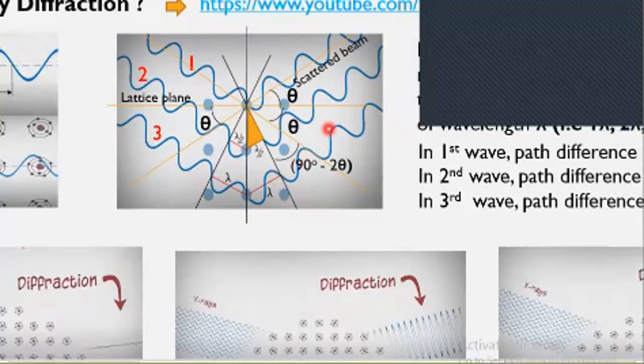So that's why here all the scattered waves are in phase, they are aligned, so they are going to interfere constructively and we are going to obtain a high intensity peak on our screen.